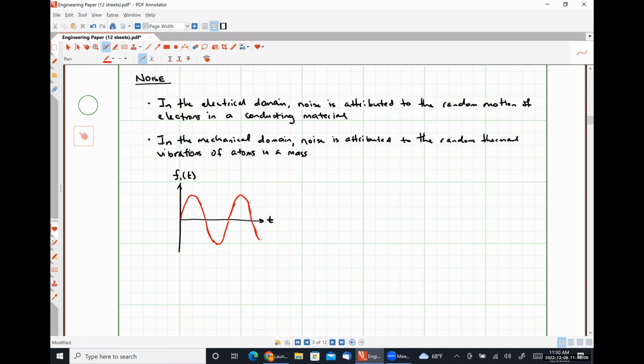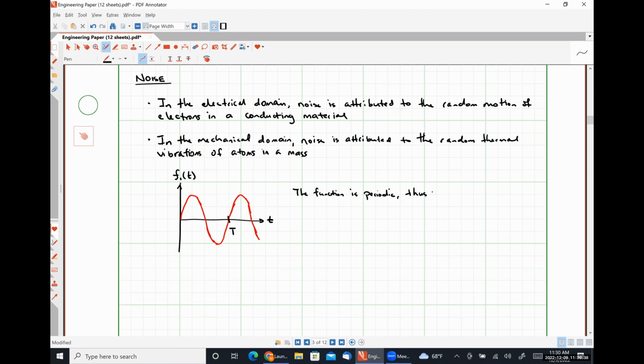So this function can be characterized by its periodicity, right? The function is periodic, meaning that it repeats itself at regular intervals.